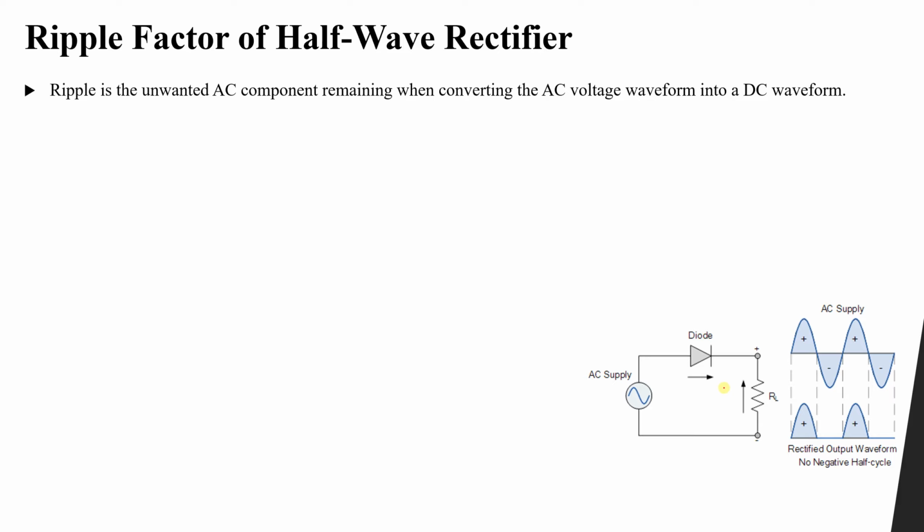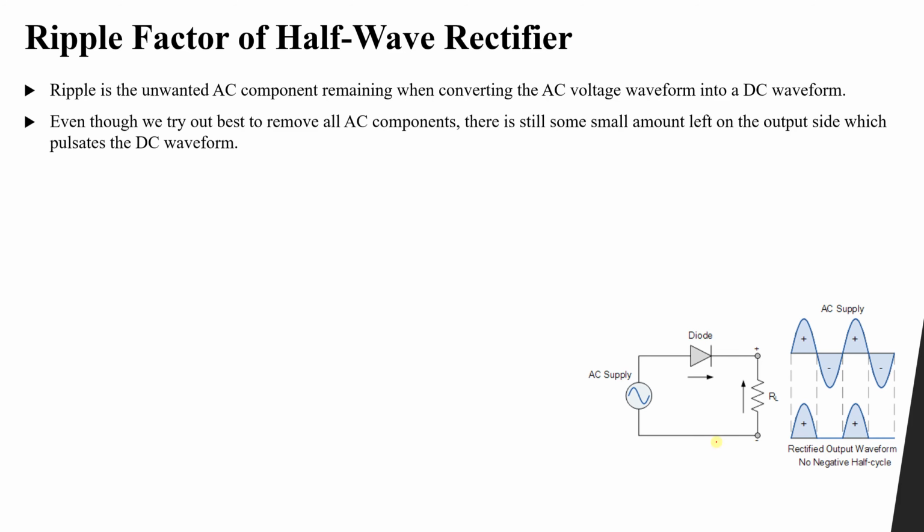This is what we call the AC component that is present inside the output waveform. Even if we try our best to remove all of the AC components, there is still some left on the output side, which pulsates the DC waveform. The one which goes like this is the AC component inside the output waveform.